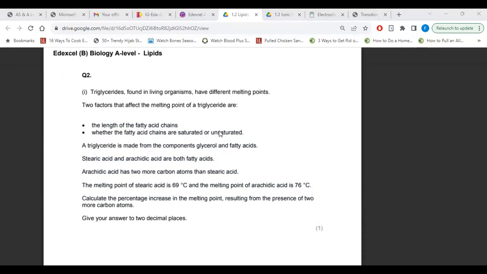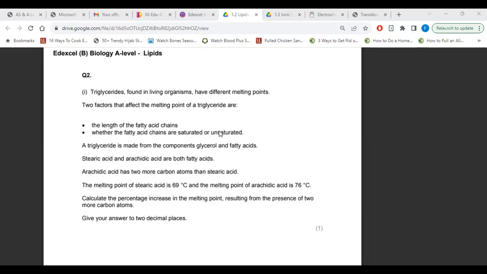Stearic acid and arachidic acid are both fatty acids. Arachidic acid has two more carbon atoms than stearic acid. So arachidic acid is longer in terms of length, as compared to our stearic acid.